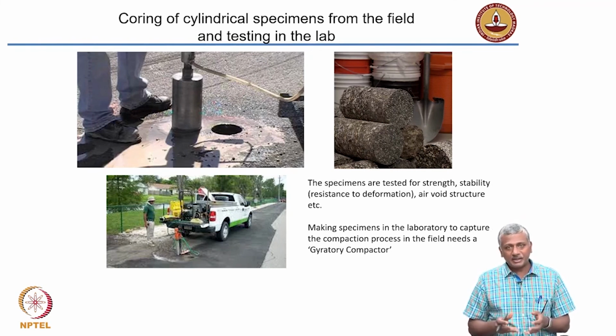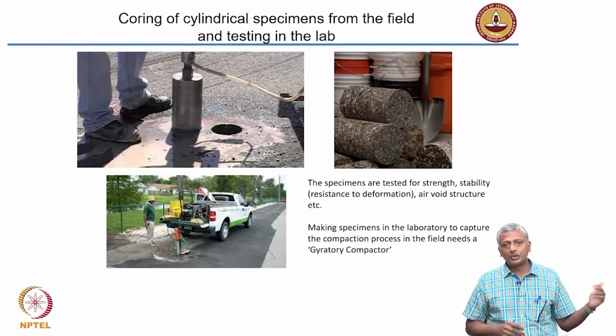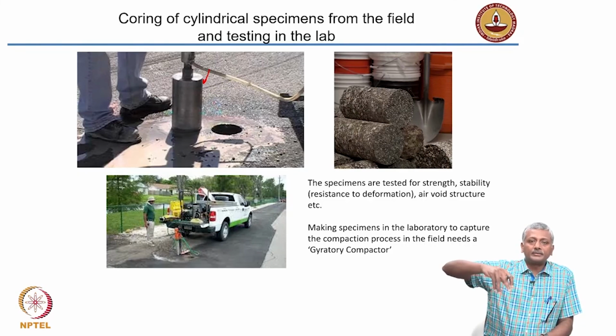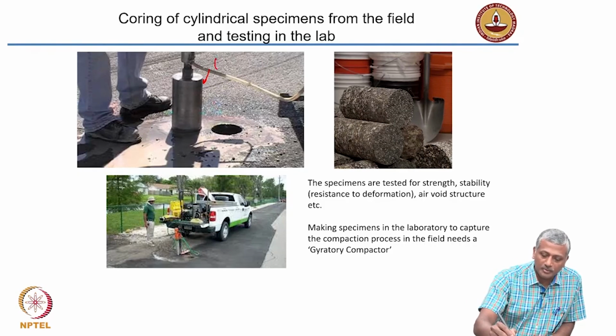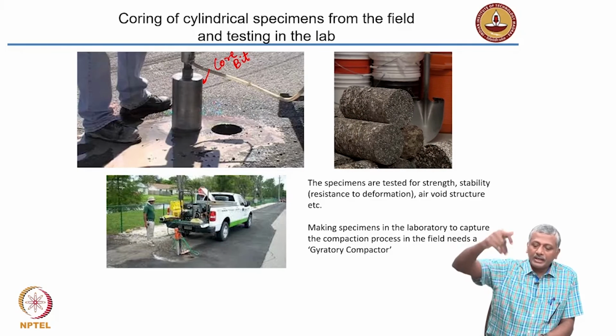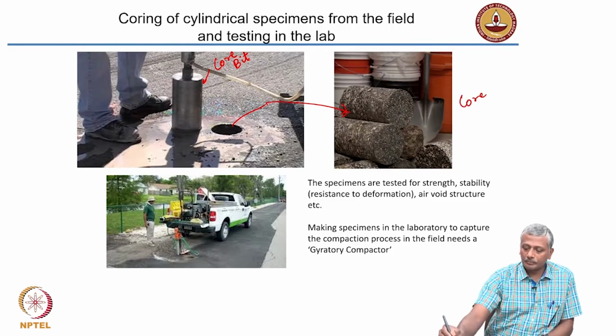So, because of that, sometimes we have to actually take samples from the pavement itself and do tests on that. Here, for example, there is a coring bit, which is drilling a hole into the pavement and bringing out these cores, cores of bituminous concrete.